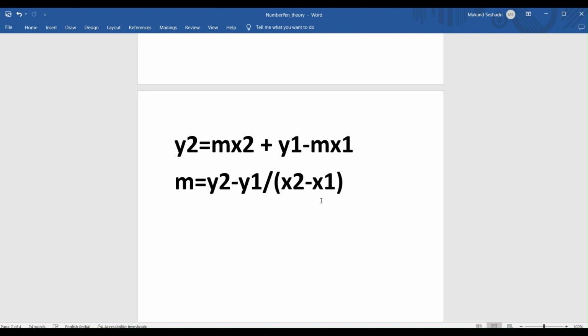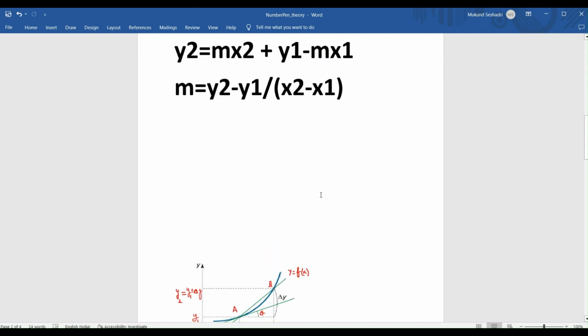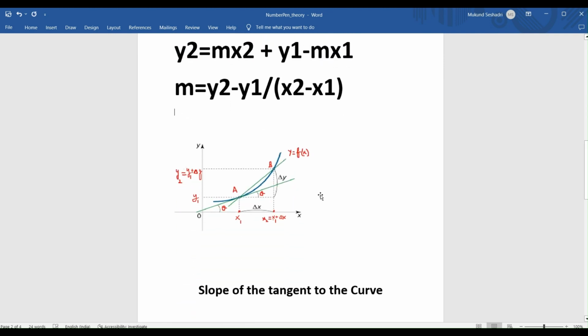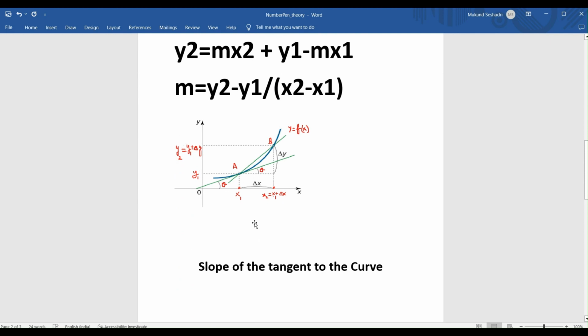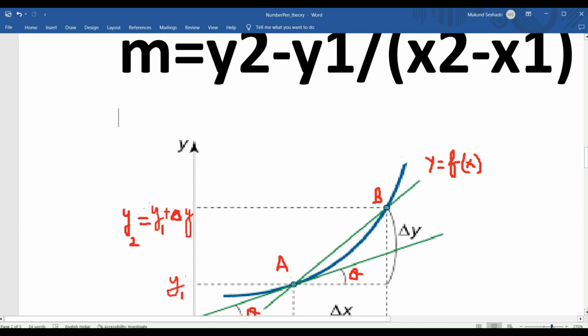Let's do the same thing for a continuous function, which I've drawn below in the interest of time. I did not want to waste your time sitting and drawing this diagram on the screen. Let me try enlarging this for better visualization.